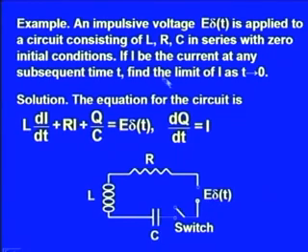Here in this problem, it is E delta t. So, by Kirchhoff's law, L di by dt plus R i plus q by C will be equal to E delta t, and dq by dt will be equal to I.